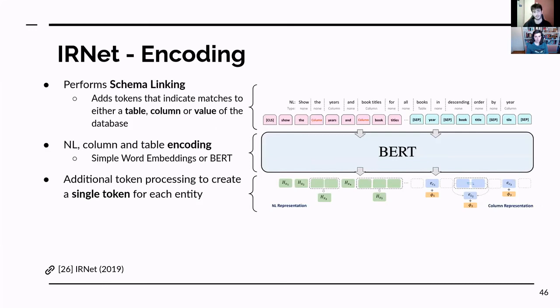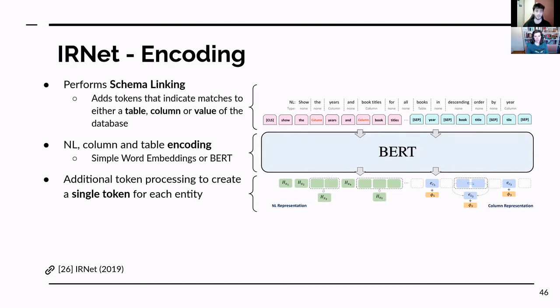Now, moving on, let us take a look at some grammar-based systems that can generate much more complex queries and that can work efficiently on the Spider dataset. IRNet is a grammar-based approach. It starts by performing schema linking on the input. So it iterates through all the words of the natural language question, and it looks for matches to a table name, a column name, or even to a value that is present in the database.